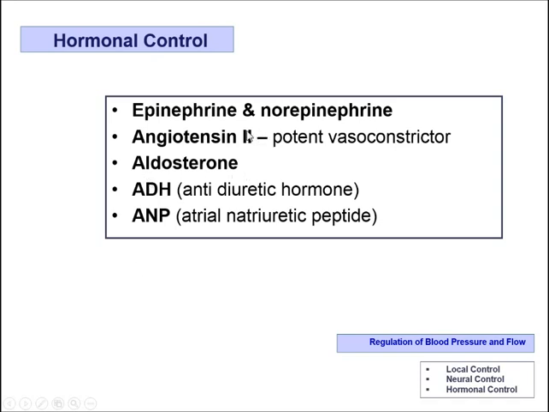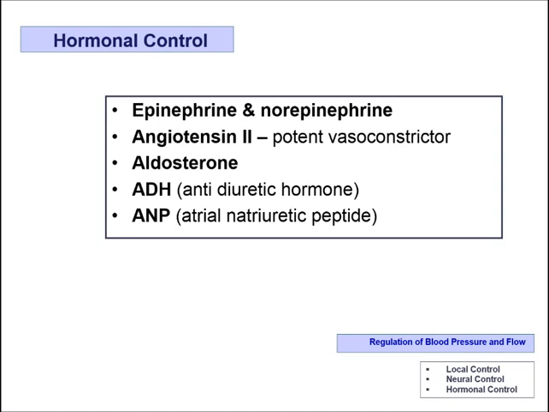I'm going to skip to the next slide and talk about angiotensin II and aldosterone, because they actually coexist in a sequence of events, and I'm going to talk about that first and then come back to talk about the last two.